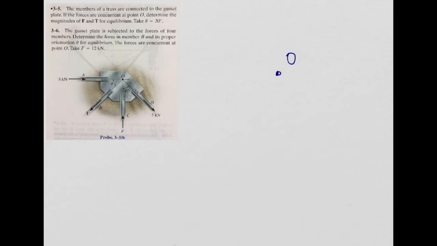I'm going to put this force over here. I'm going to say this is 8 kilonewtons. I'm not writing a vector on top of this 8 because this 8 kilonewtons gives you the intensity, or the value, or the norm of this force, and the direction is given by this arrow, right? So it is applied at point O.